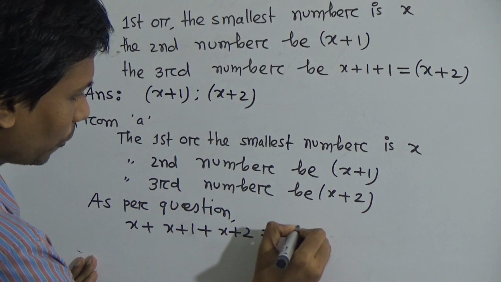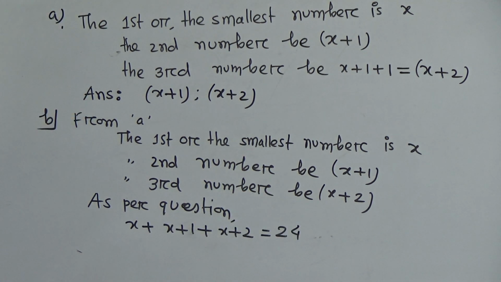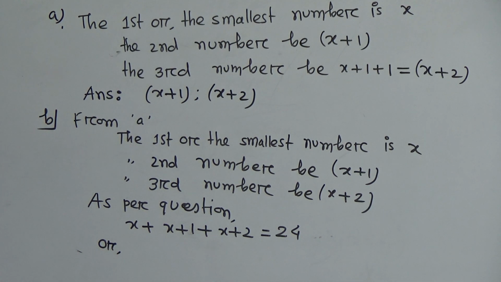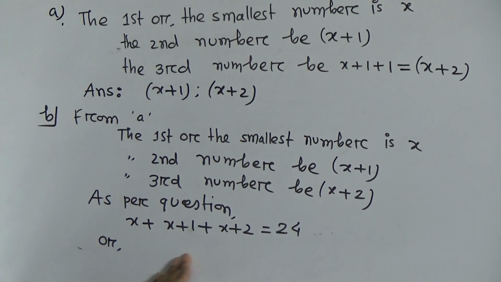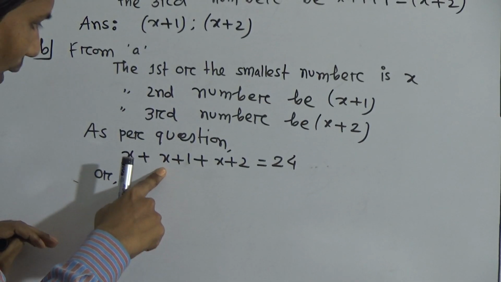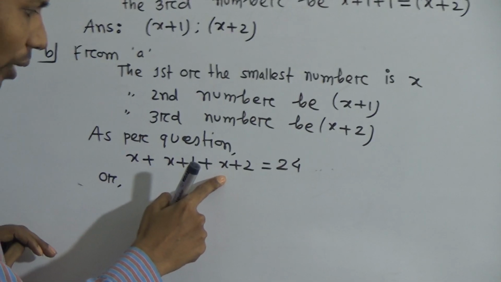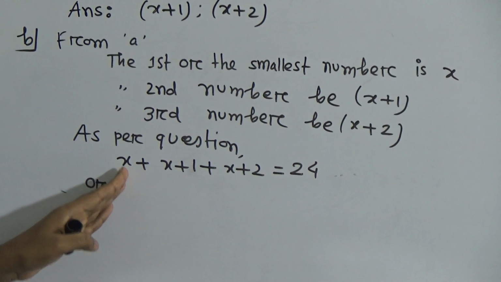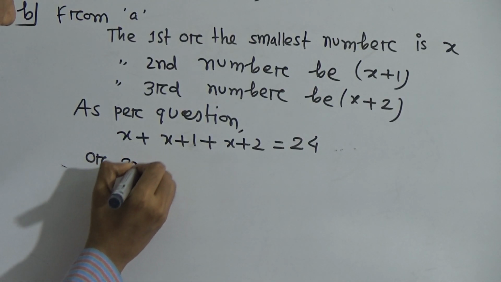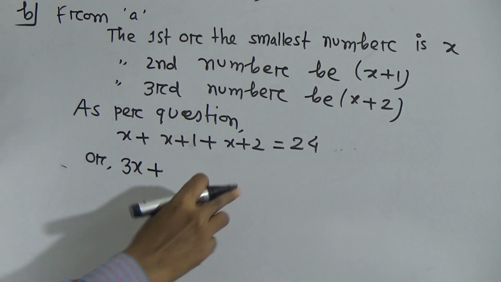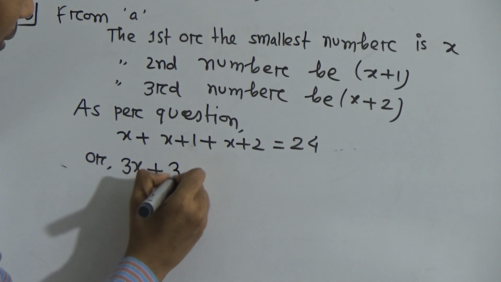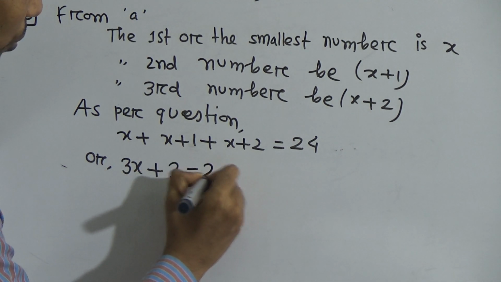This is equal to 24. Now you see, now you have to solve this equation. Look, x, 1x, 2x, then another 1x. That means how many x here? 1, 2, 3. Right, here 3x plus 2 plus 1. This is equal to what? 3. Right, here 3. This is equal to 24.